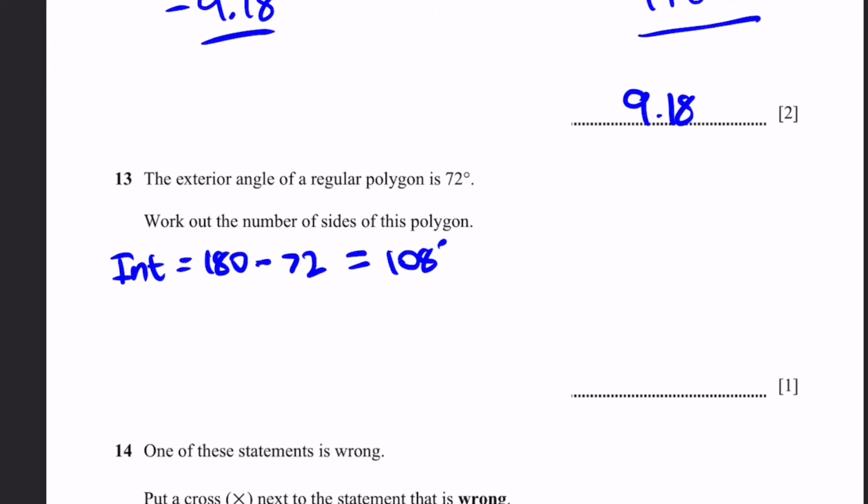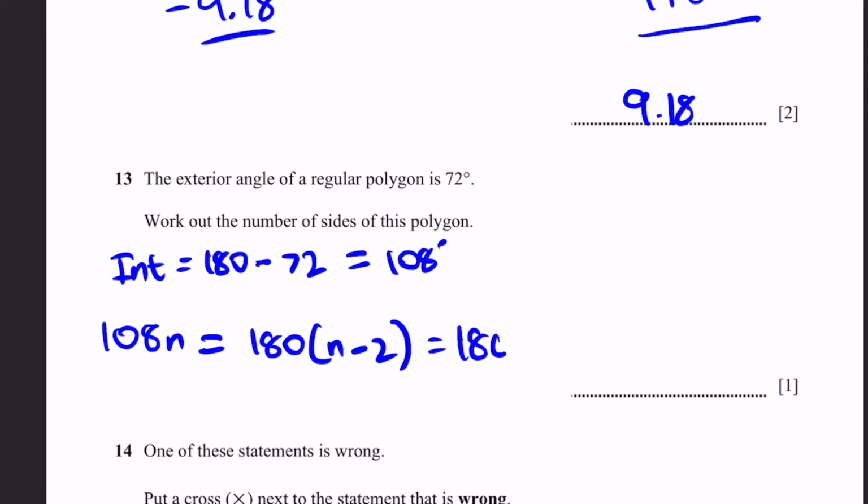The interior angle, when you multiply that by n, which is the number of sides, gives the sum of the interior angles. So 108n will be equal to, there's a formula for the sum of interior angles, 180 into n minus 2, which, when you expand the bracket, is 180n minus 360.